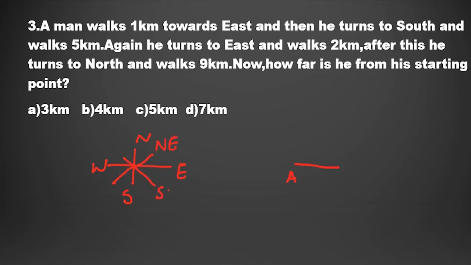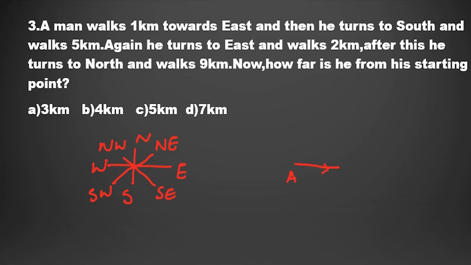Northeast, southeast, northwest, southwest. The question is, a man walks 1 kilometer towards east. Let the starting point be A. He walks from A 1 kilometer towards east direction.